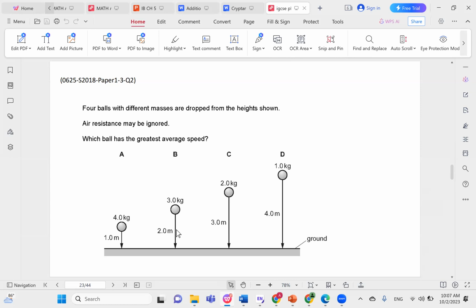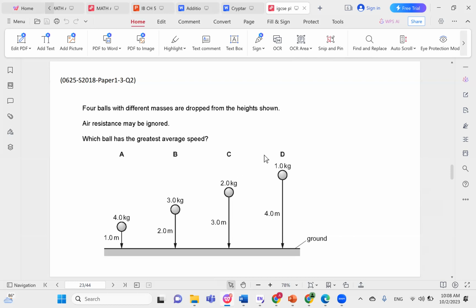But the distances would matter here because the first ball here at D, the highest ball, takes the longest time to fall since they all start with the same speed and they all have the same acceleration. The one that has to move the greatest distance will obviously take the greatest time. And since it's taking more time, its speed keeps increasing because it's accelerating for a longer time.